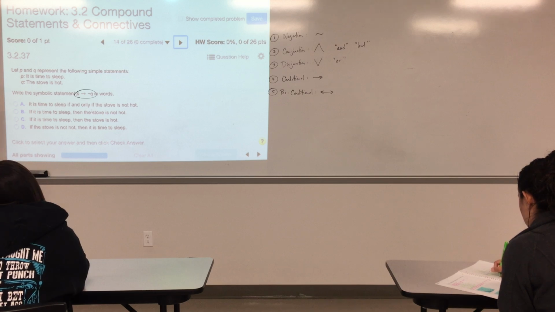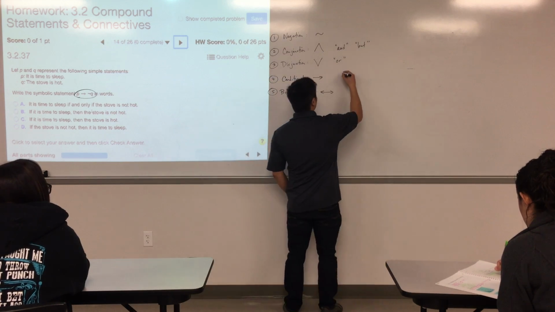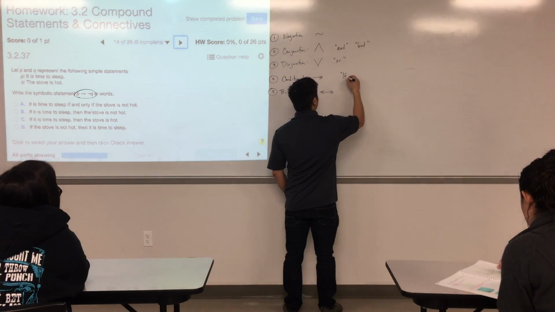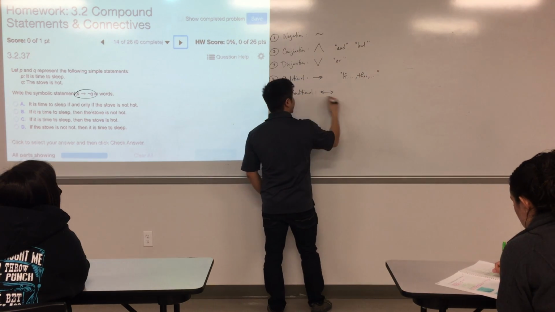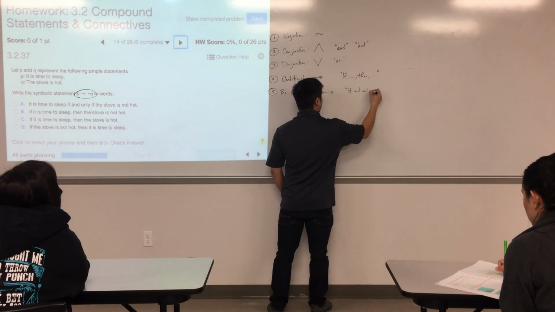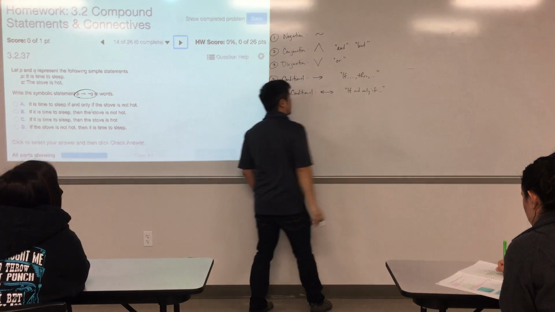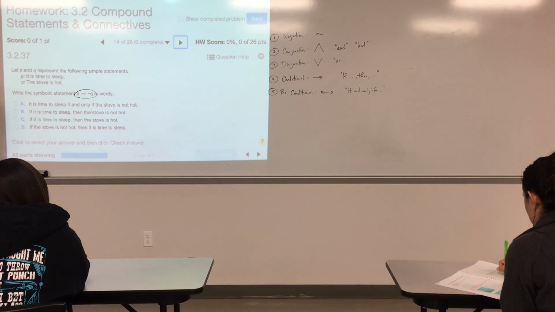If then. An if-then, right? Like I said a moment ago, conditionals are usually if thens. Biconditionals are usually if and only if. Okay, so if thens, if and only ifs. Does that make sense, guys? Okay, so here we go.